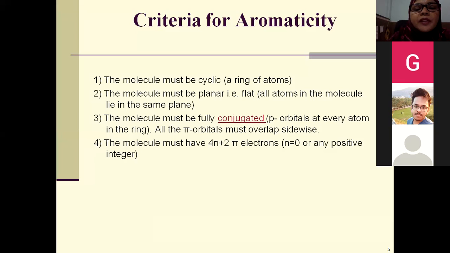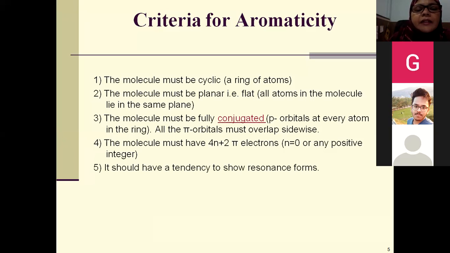So 4 times 1 is 4, plus 2 is 6. Similarly, if you put n equal to 2, 3, you will get different numbers, and these numbers are known as magic numbers. So if your compound satisfies these magic numbers, or contains the magic number of pi electrons, then that molecule is aromatic in nature.